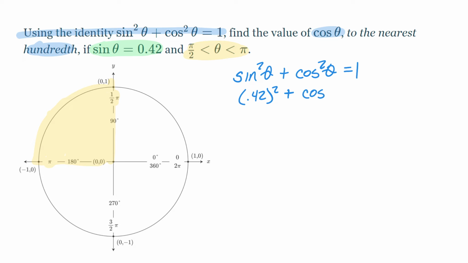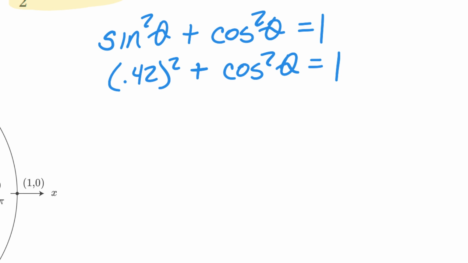We're asked to find what cosine is, so we'll deal with that. And 1, of course, is 1. Going to obviously need a calculator here. When we square 0.42, we get an irrational number, by the way, but that number is 0.1764, plus cosine squared of theta equals 1.